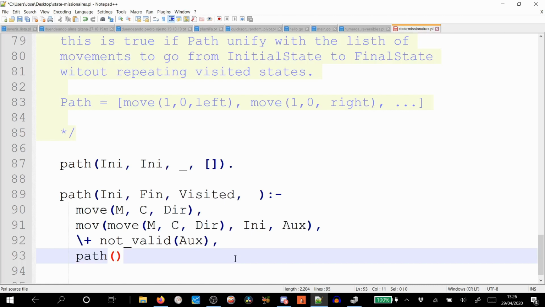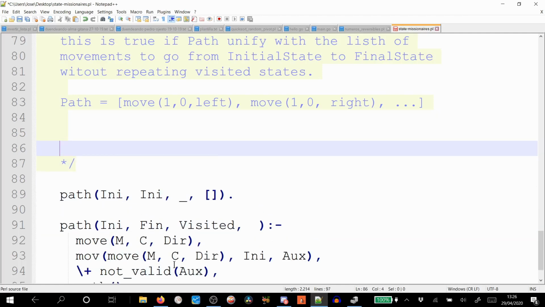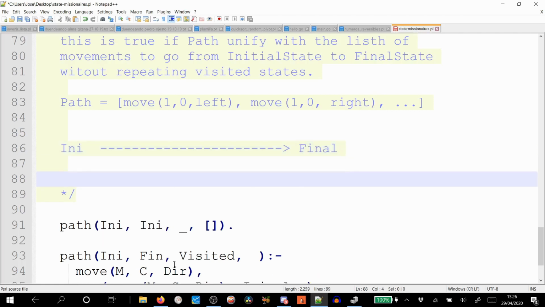Can you tell me? From where do we have to try to find the path? I'm going to give you the idea again. I want to find a path from one initial state to the final state. What is the trick here?